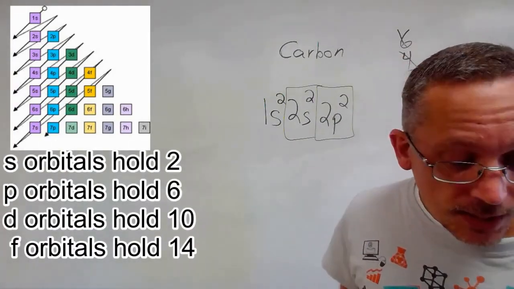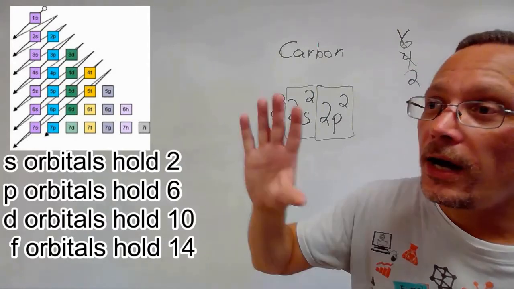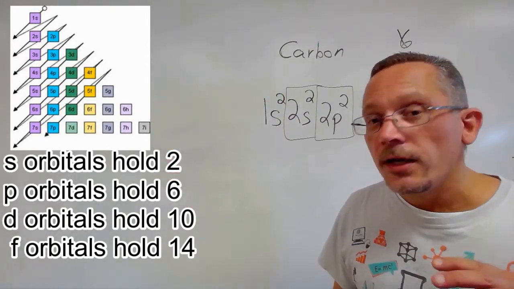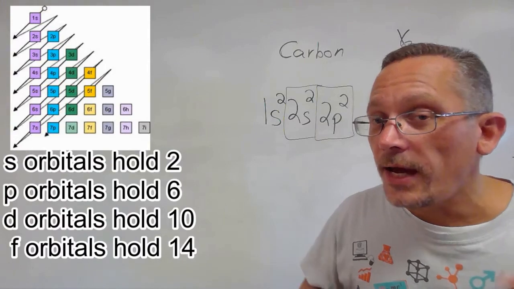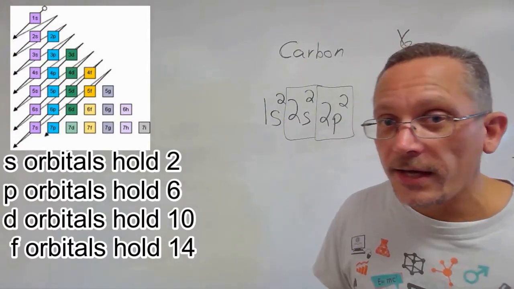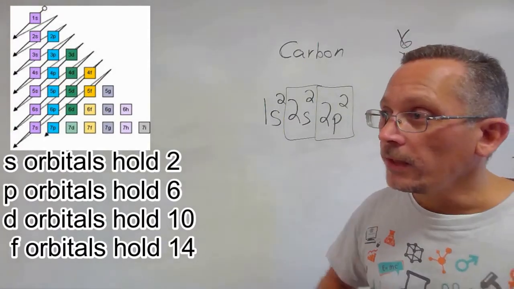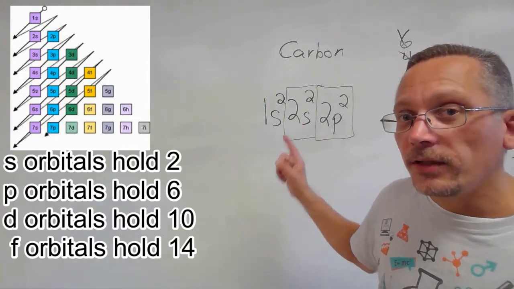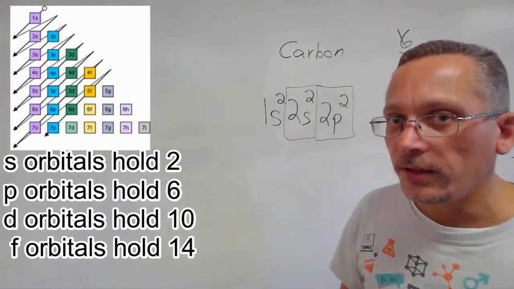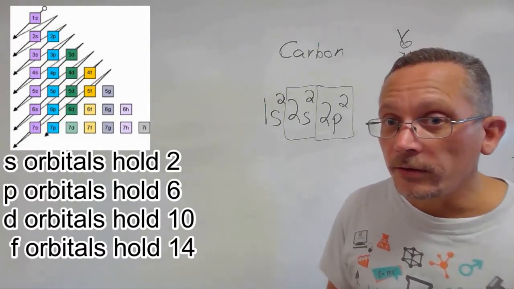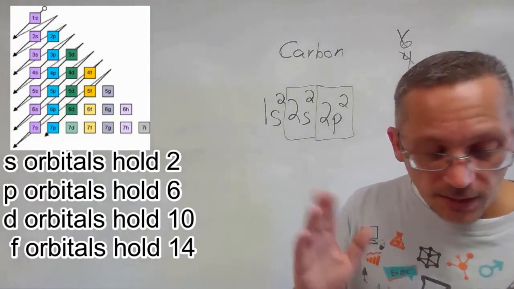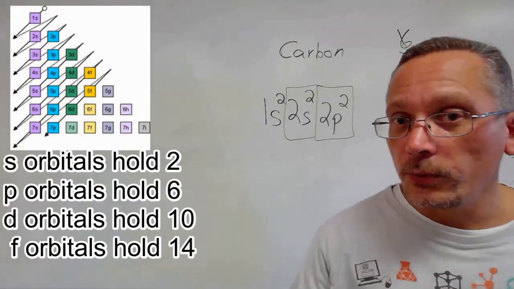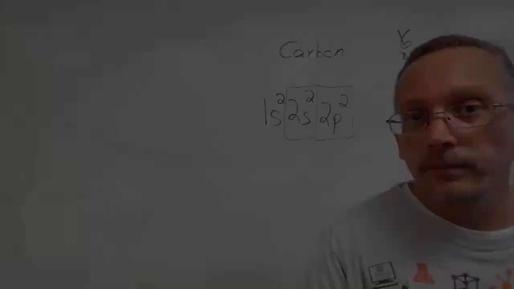What those are going to do is they're going to tell us all about how the periodic table is organized. They're going to tell us about how each of these atoms bond with other atoms, what types of compounds they make, the properties of the different elements. These last electrons that are in the last energy level are the important ones. They're called valence electrons. And we're going to learn a lot more about those going forward in the future.